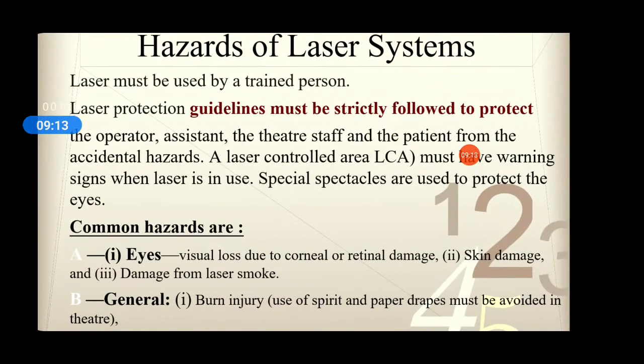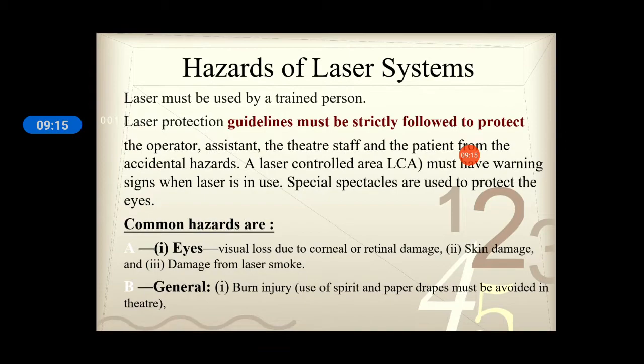Coming to the hazards of the laser system, the laser must be used by a trained person, which is very much needed. The laser protection guidelines must be strictly followed to protect the operator, assistant, theatre staff and the patient from accidental hazards. A laser control area (LCA) must have warning signs when the laser is in use.